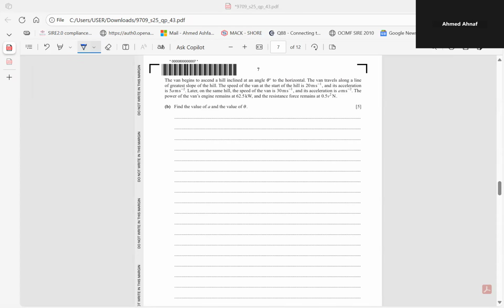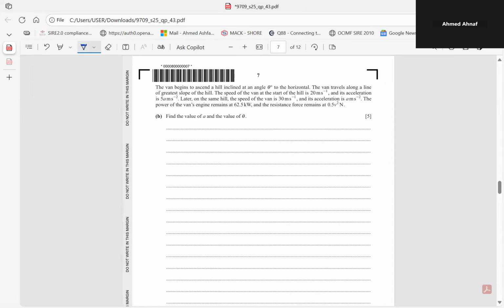Okay, so for this part, we're told that the van begins to ascend a hill, inclined at an angle theta to the horizontal. And it also tells us that the van travels along a line of greatest slope of the hill. The speed of the van at the start of the hill is 20 meters per second, and its acceleration is 5 meters per second squared.